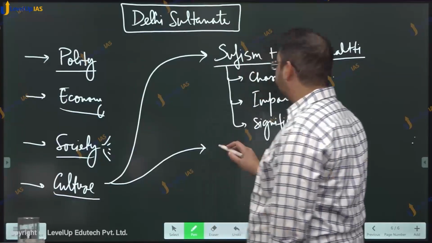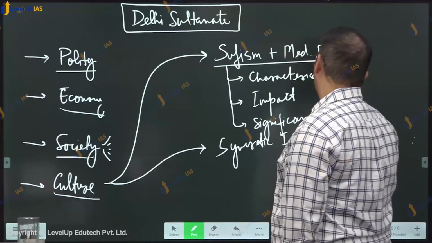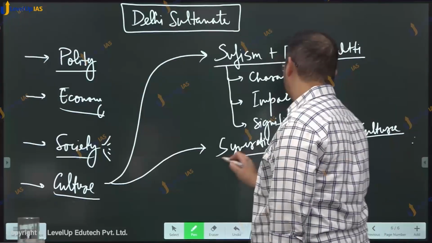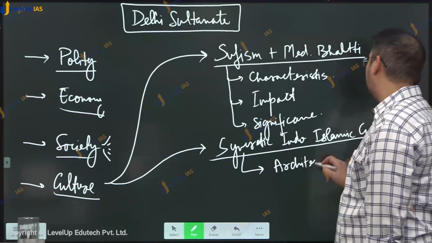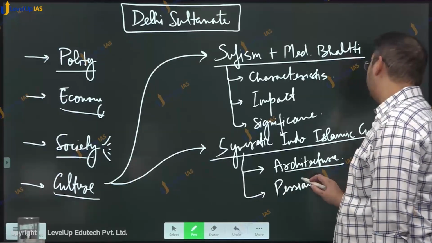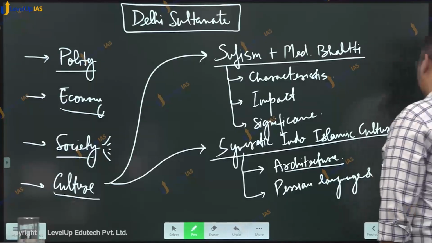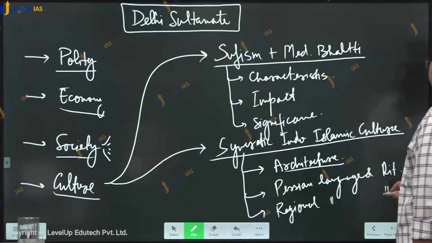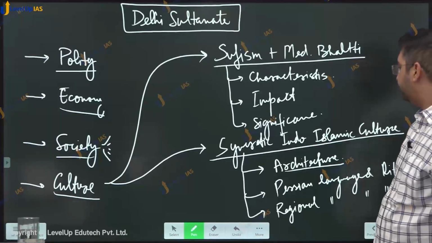We can talk about the emergence of a syncretic Indo-Islamic culture which manifested itself in the form of Indo-Islamic architecture, Persian language and literature, and regional language and literature. ठीक है, तो प्राइमरीली इन चीजों के बारे में बात करेंगे हम.